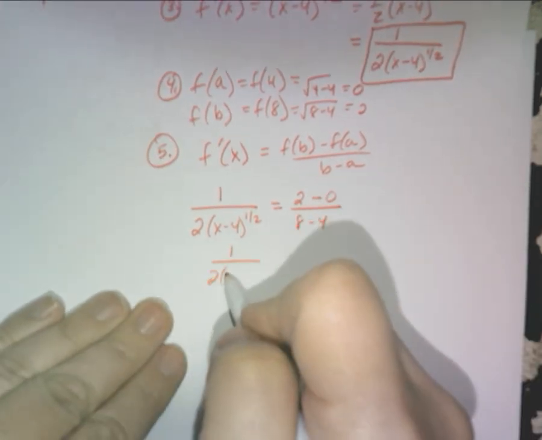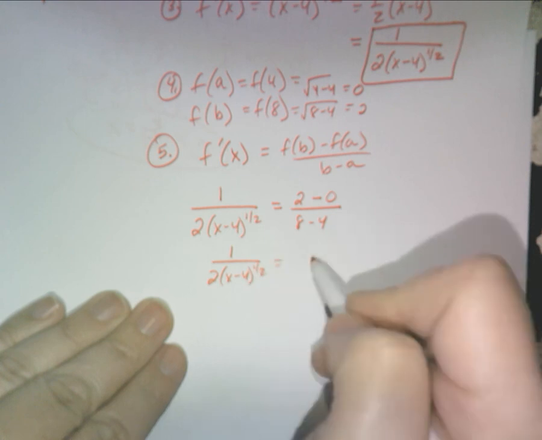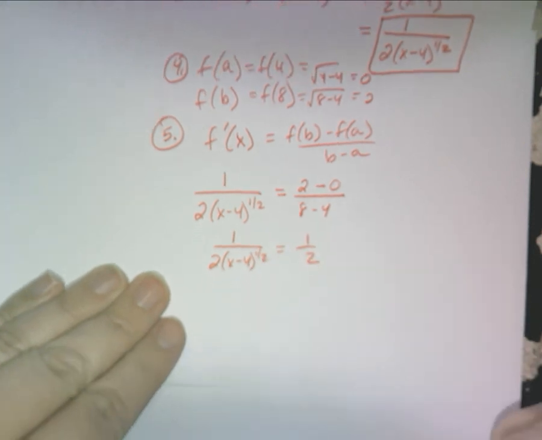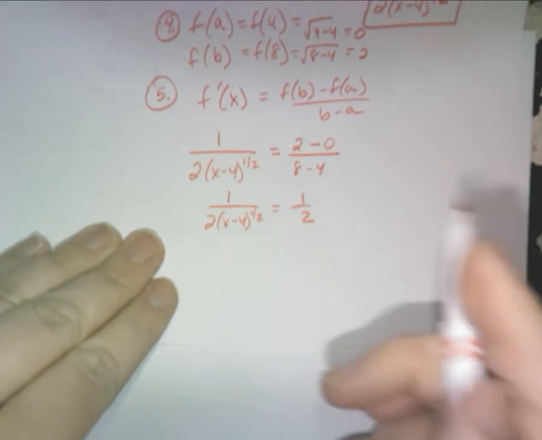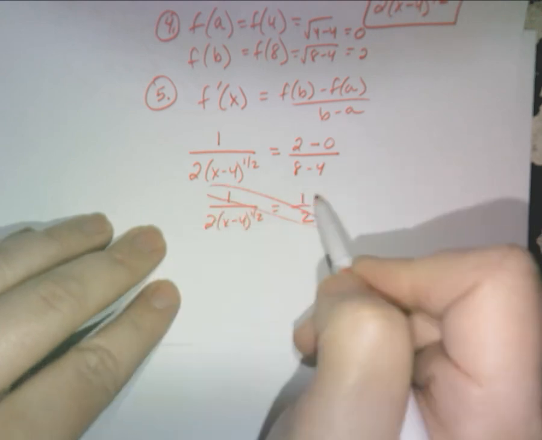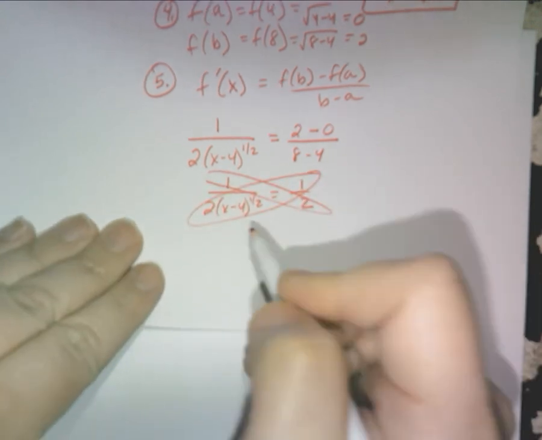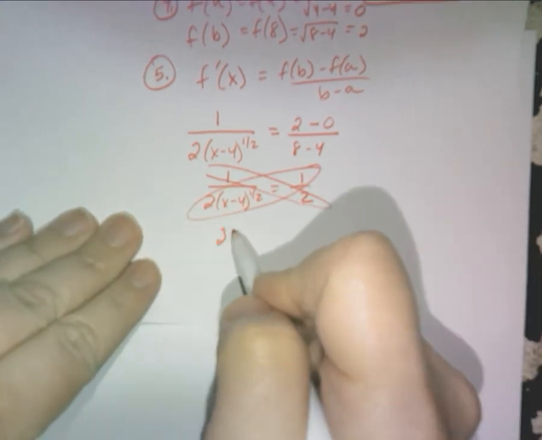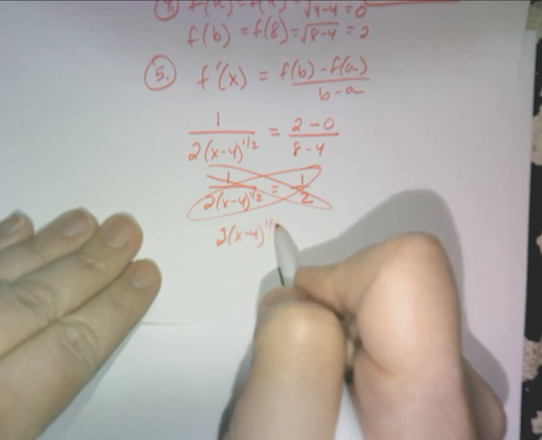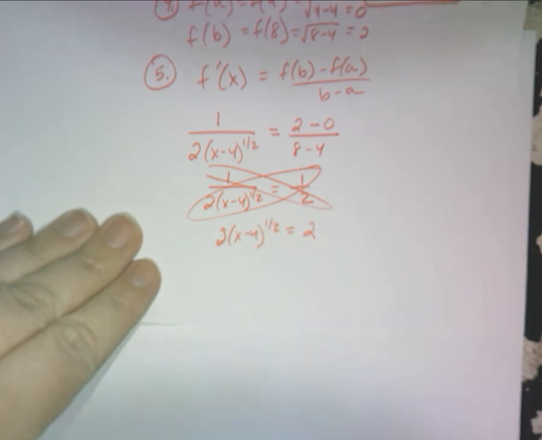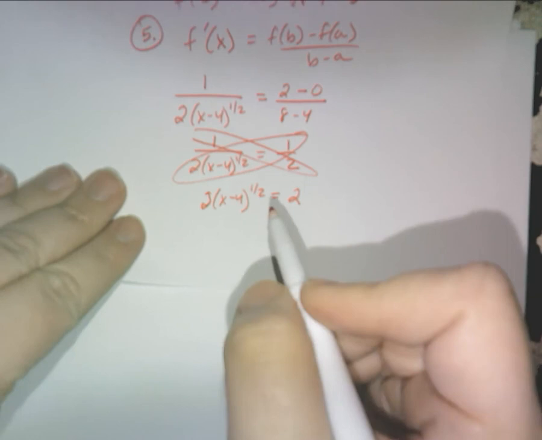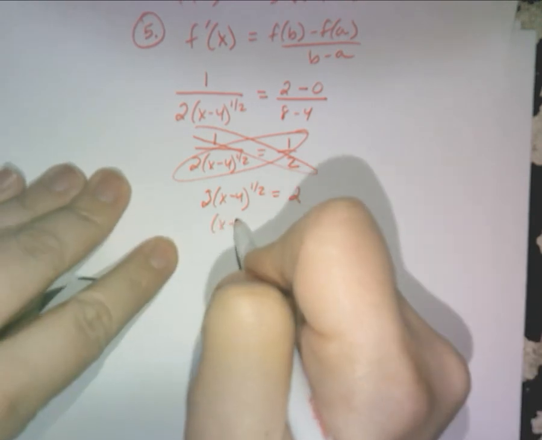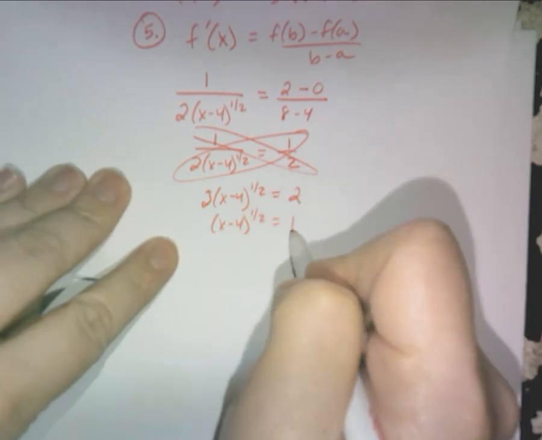Okay. And again, I really pray and hope you know how to do this. So 2 times x minus 4 to the 1/2 equals 2. What can I do with those two 2's? Divide them out. They cancel. So I have x minus 4 to the 1/2 equals 1.